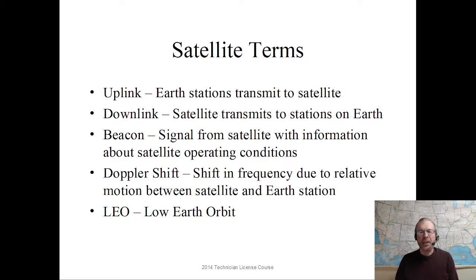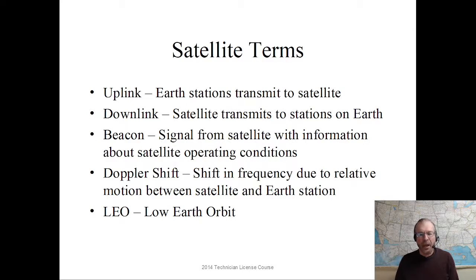The downlink is when the satellite or the International Space Station transmits to stations back here on Earth. A beacon is a signal from a satellite with information about satellite operating conditions. So that may have some data about the temperature of the processor and how the batteries are doing and so forth.